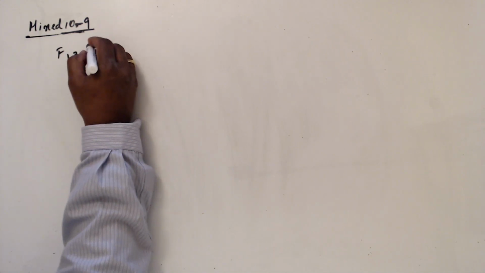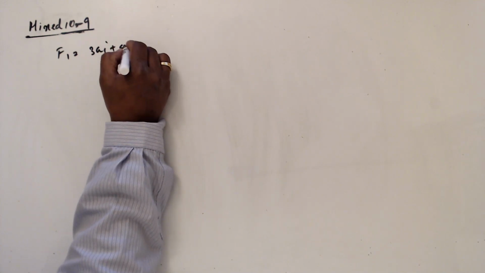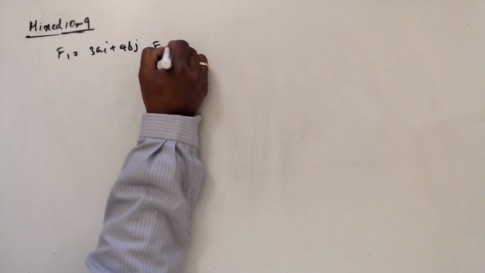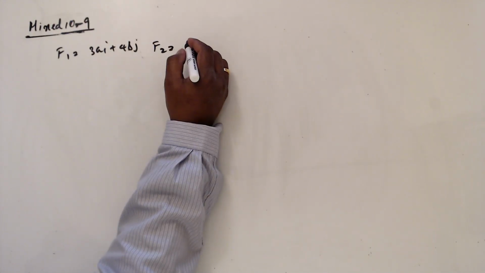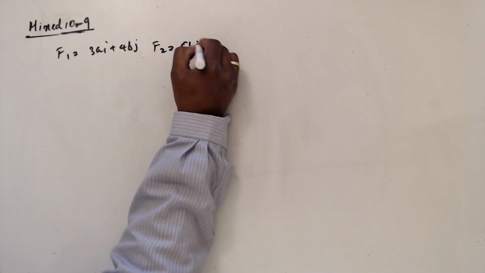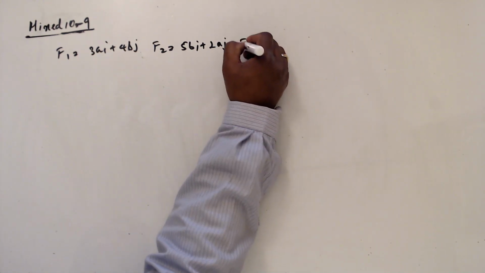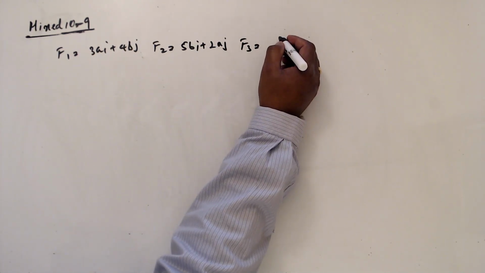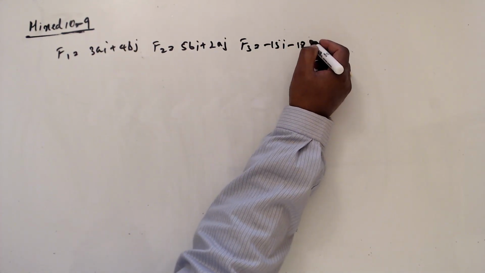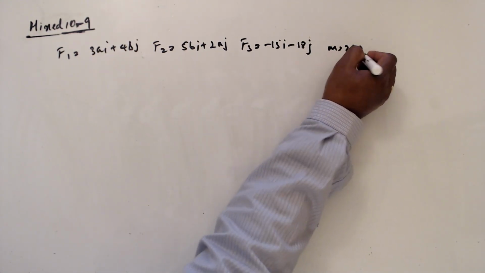F1 is given as 3a i plus 4b j. F2 is given as 5b i plus 2a j. And F3 is given as 15i minus 18j, and m is 2 kg.